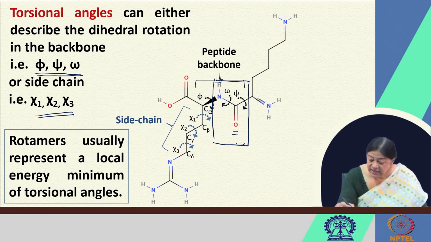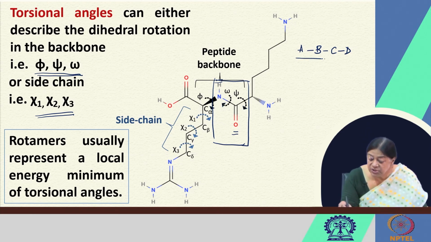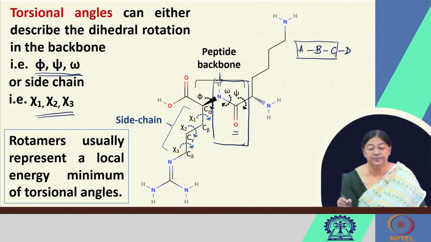In a sense, if we have 4 atoms linked together, A, B, C, D, we know that we can define a plane by using just 3 points or 3 atoms. So, if I have these 3 atoms, I can define a plane using ABC.